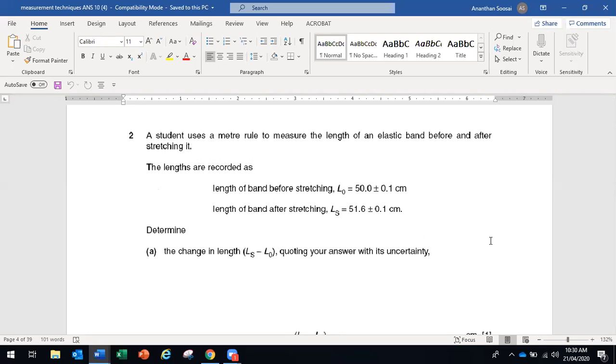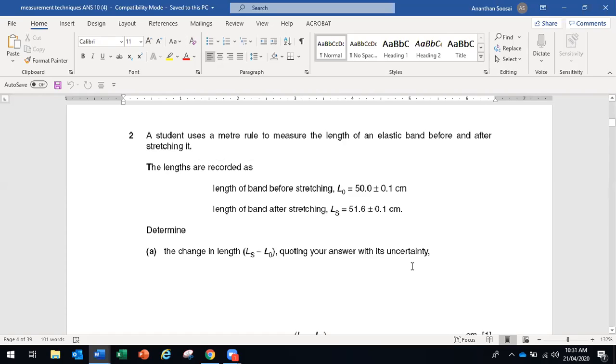1 minute for you. The length recorded before stretching is L0. After stretching is LS. They are asking for the change in length, LS minus L0, quoting your answer with its uncertainty. So what will the answer be?